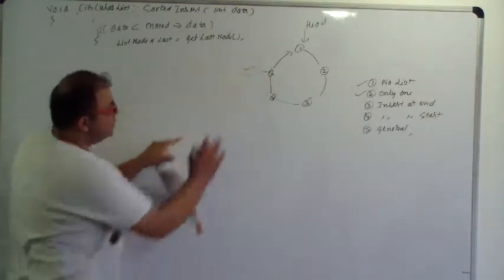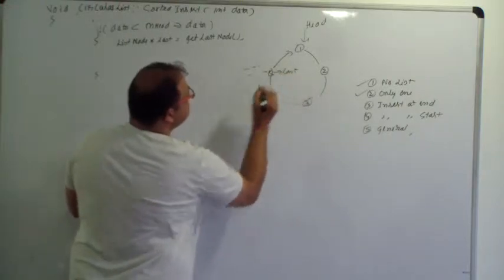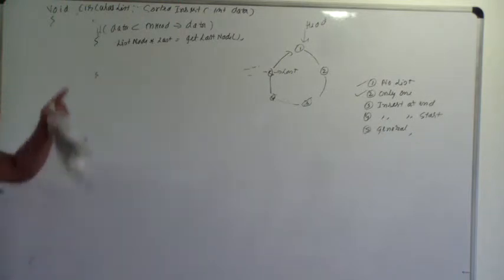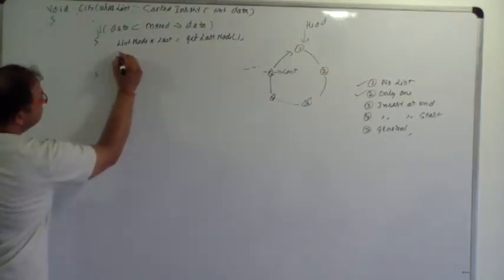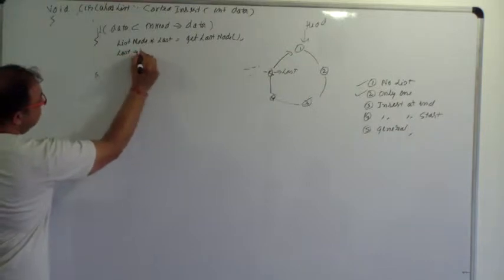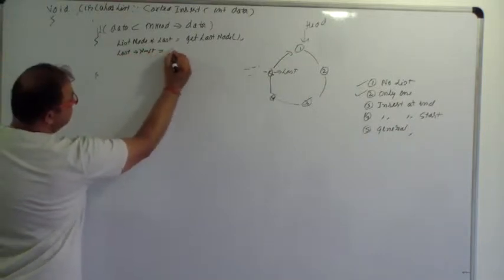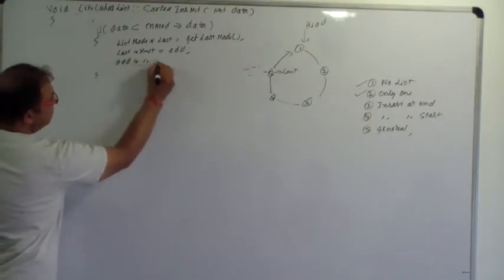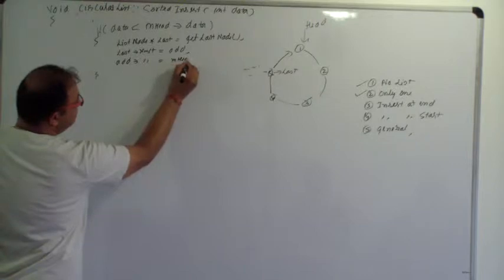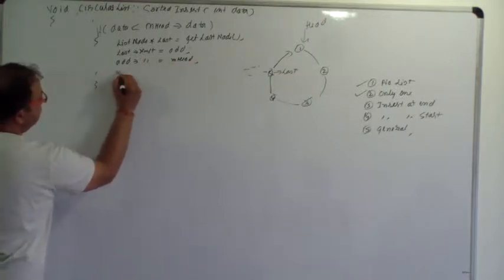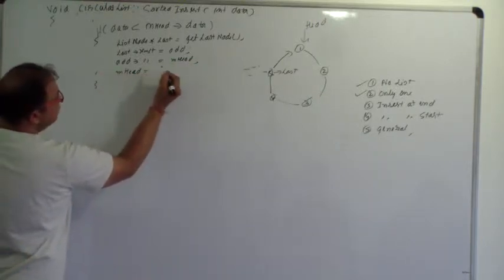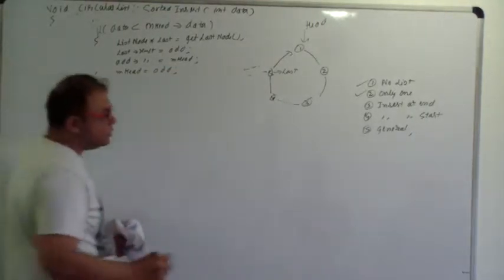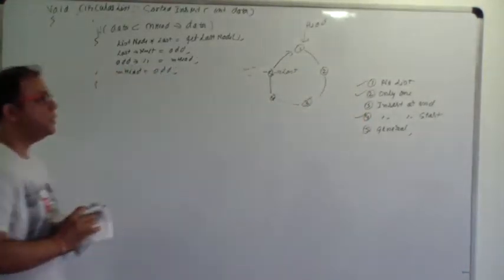So we get last. Now what we have to do is point the last to the add. So we will say last arrow next is equal to add, and add arrow next is equal to m head, and m head is equal to add. Right? Yes. So we took care of this condition.